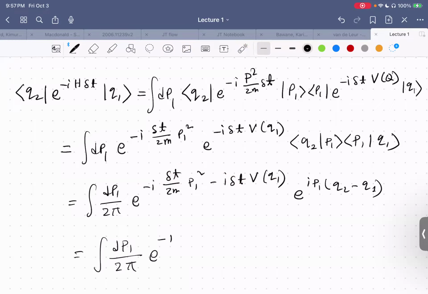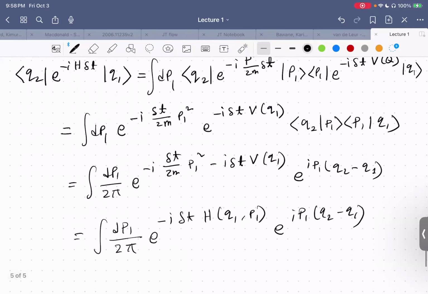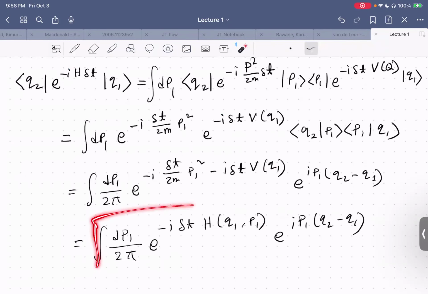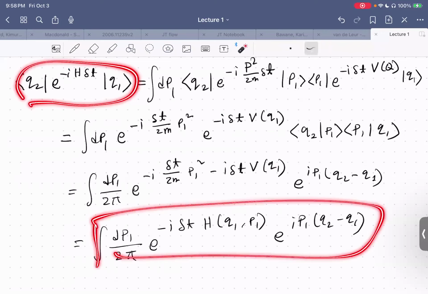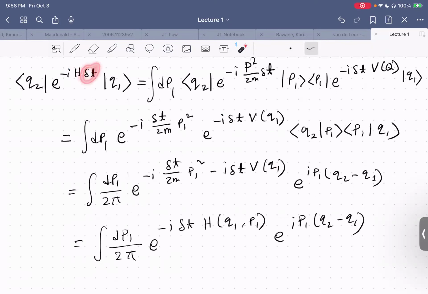So you have e to the power minus i delta t multiplying the Hamiltonian, evaluated at position q1 and momentum p1. And then you have this factor. Okay. So this is our expression for this transition amplitude when delta t is infinitesimally small.